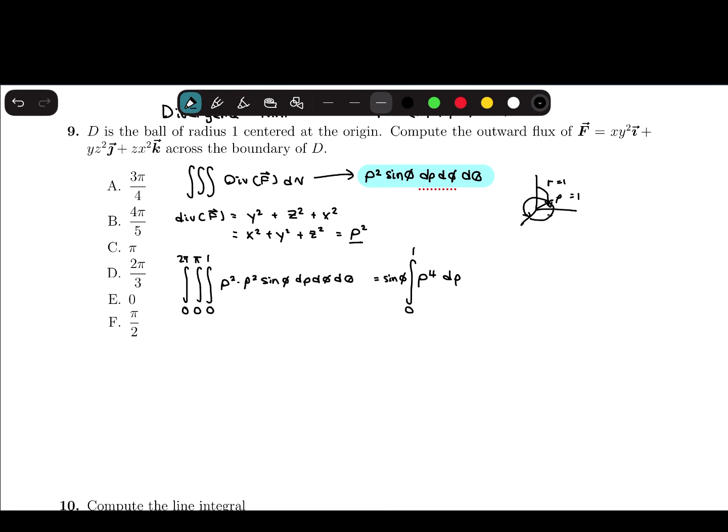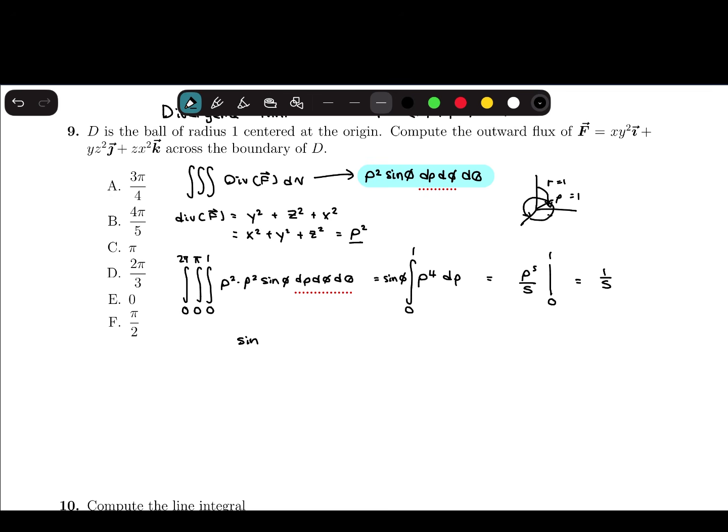And we're going to integrate with respect to rho. So if we integrate with respect to rho, you get rho to the 5th over 5 from 0 to 1. It's 1, 0. Just get 1/5.